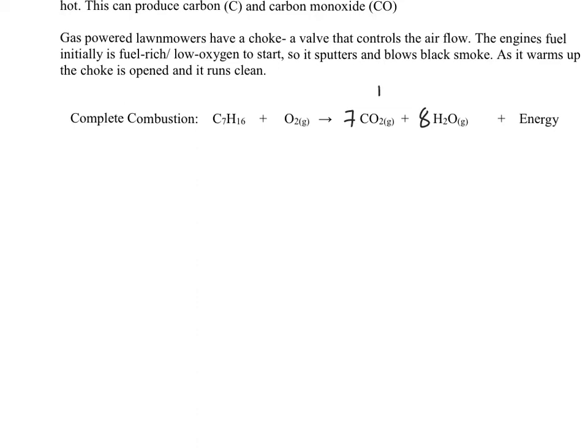So 14 plus 8, that's 22. And because on the left we have O2, you take your number on this side, you divide by 2 for the O2, so we will need 11 molecules of oxygen. So that is balanced. There's a trick to balancing combustion of hydrocarbons. Okay, let's do butane.